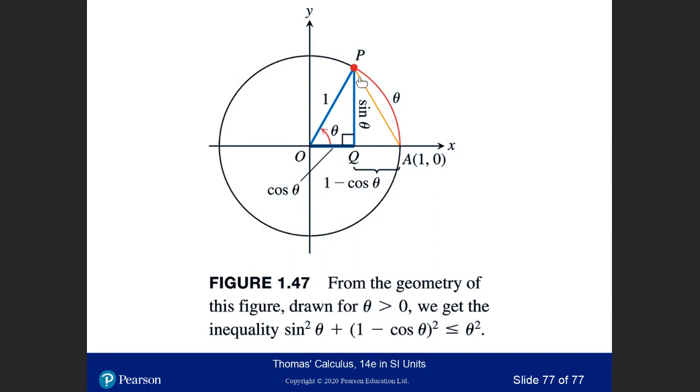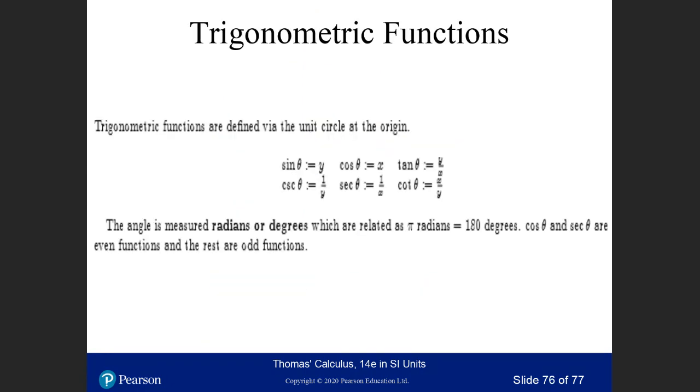Now, the sine of theta is this. Okay? So if I call this y and if I call this x, then we have the definition of the trigonometric functions. Sine theta is y, cosine theta is x.